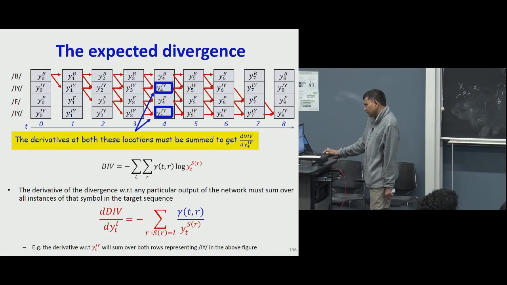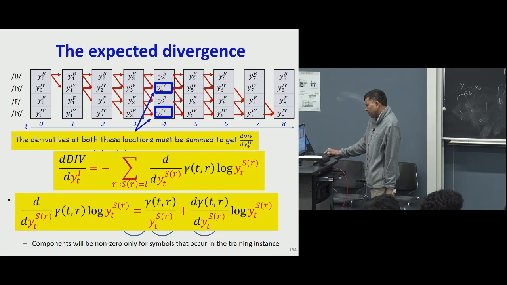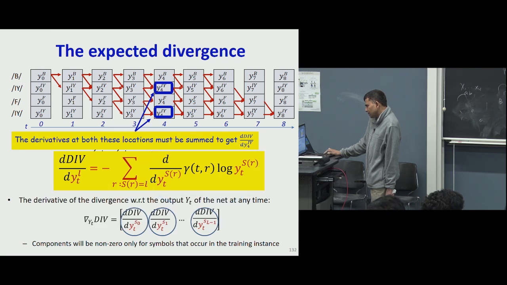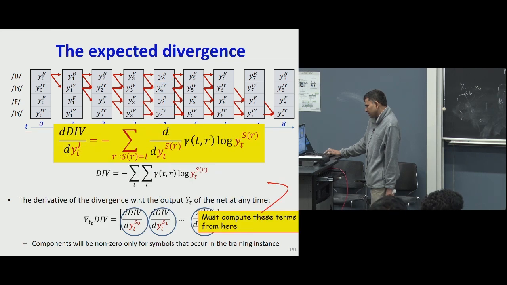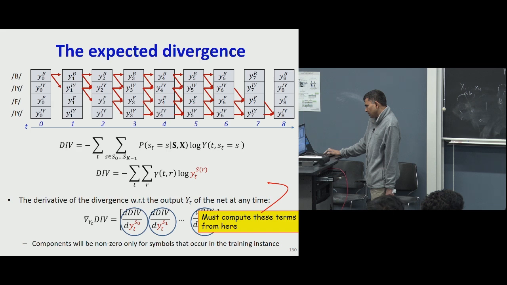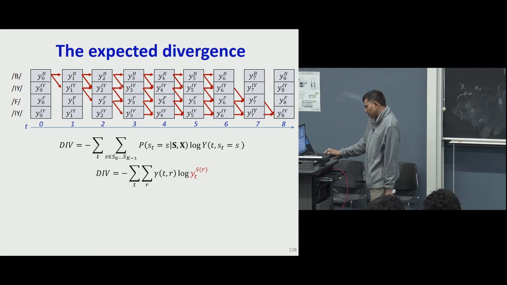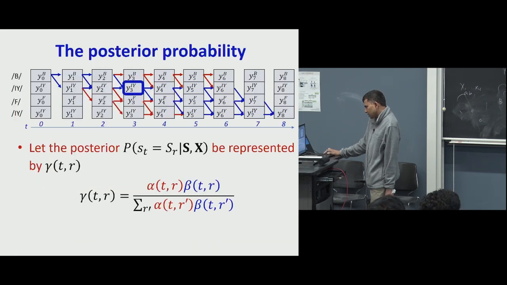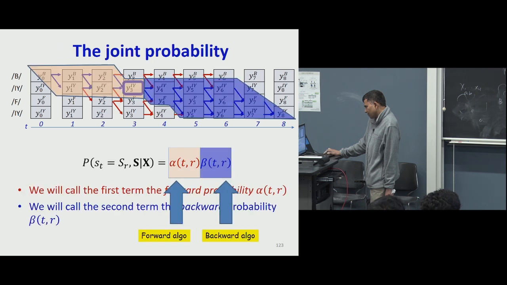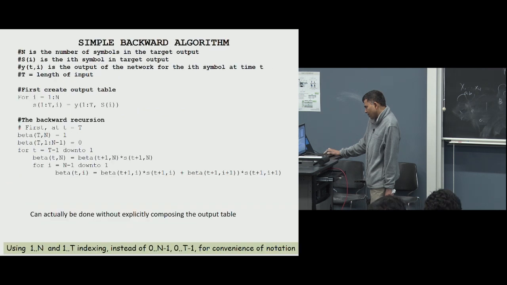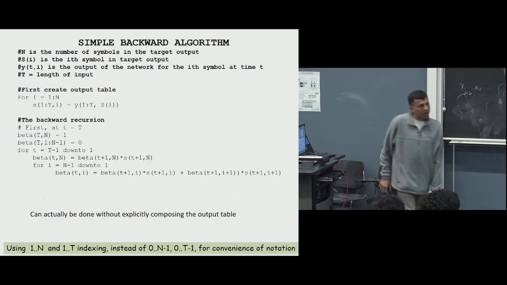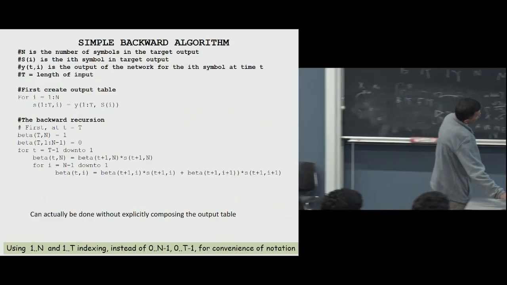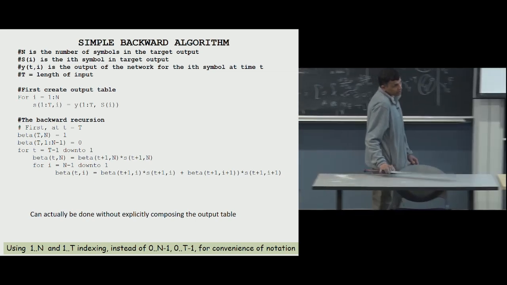I have actually written, for instance, for the forward algorithm... I wish my laptop were faster in responding to things. So I call this a simple backward algorithm. In every case, I've got the simple version and the complex version.